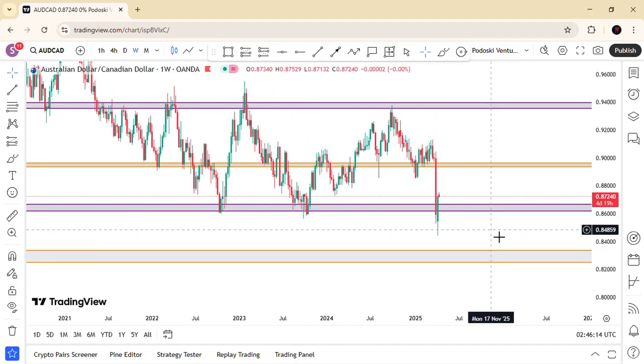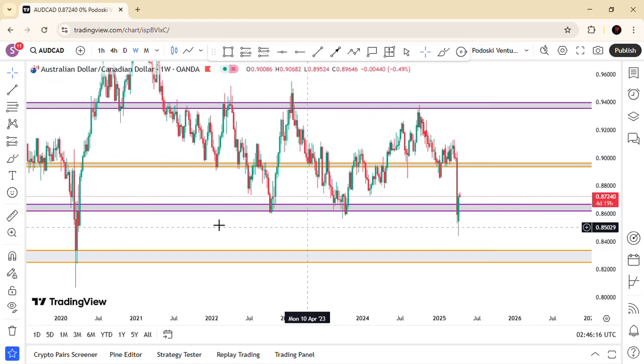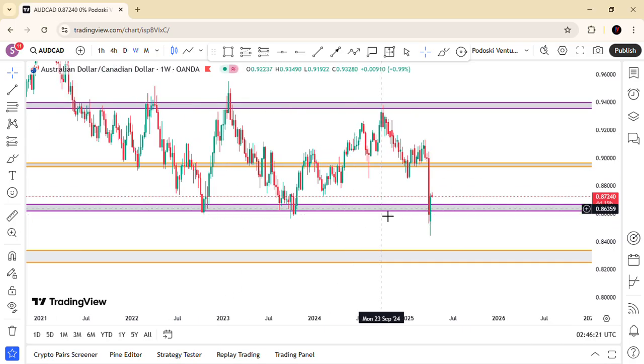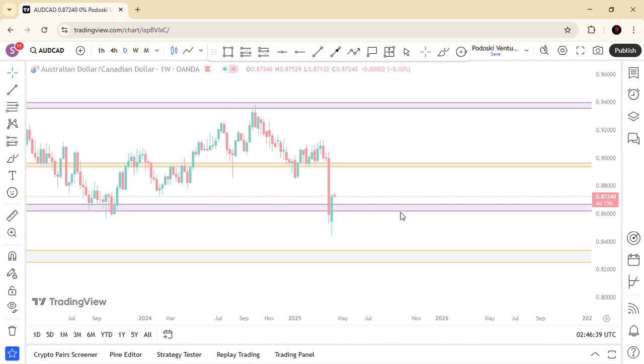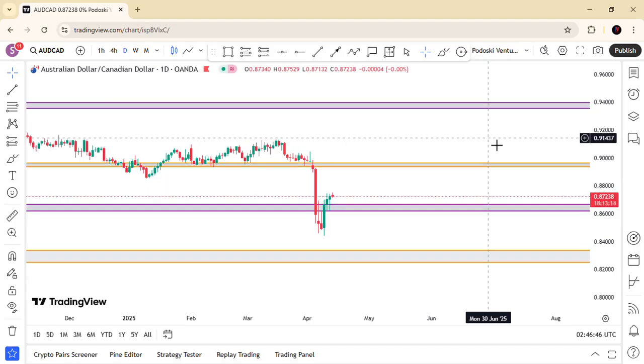Anytime price taps into this particular zone, there is enough buying pressure pushing the market all the way to the upside. Price has tapped into that zone again, and we are seeing the buying pressure. So as we go to the lower time frame, we are going to be looking for buying opportunities and see how we'll be picking the entry.